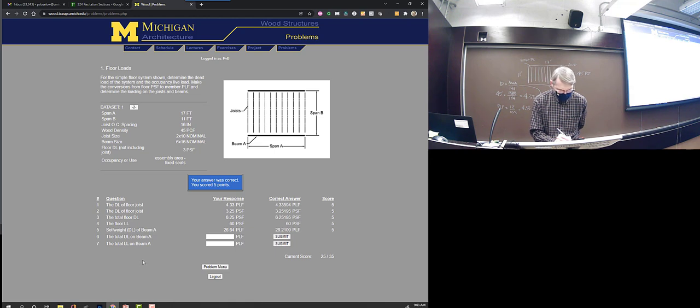Okay, total dead load. So this is going to be from the floor, like we take a 1 foot strip here. Oops, I can't draw it. We take a 1 foot strip coming onto that floor, so we have a PLF from the joist coming onto it, right? And we already know, let's see, we already know some of this. We have the PSF of the total floor dead load PSF. That would be 6.25. So I'm taking a 1 foot strip here, right?